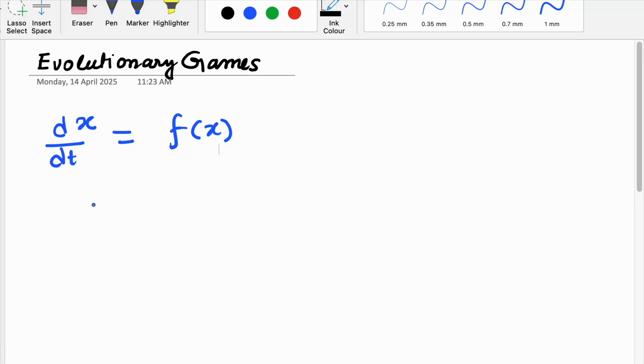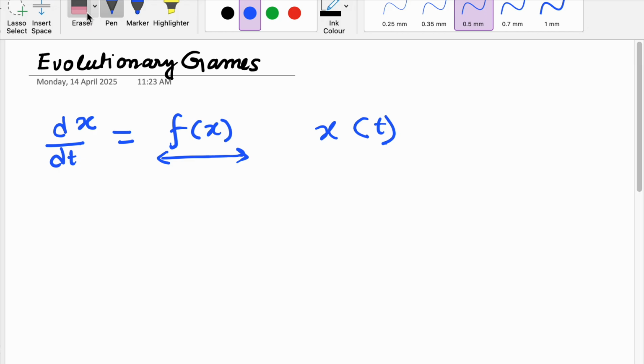Suppose x is the position, or x is any kind of variable, it could take any value. This means x is changing with time t, and the rate of change depends on f(x). Now this is called a dynamical equation.